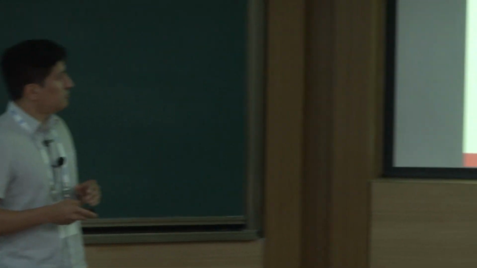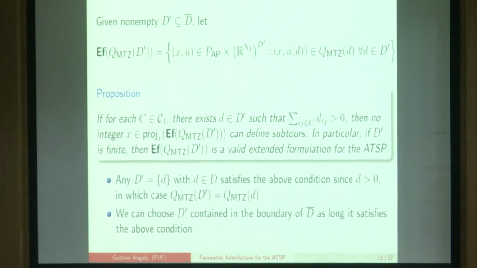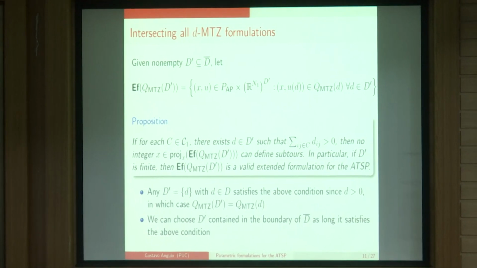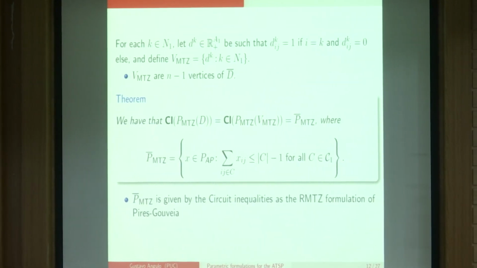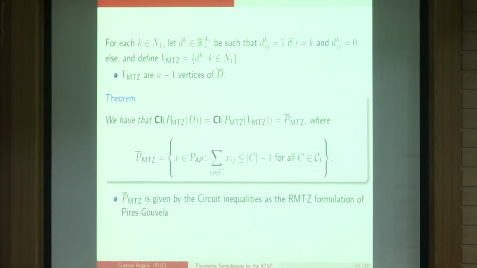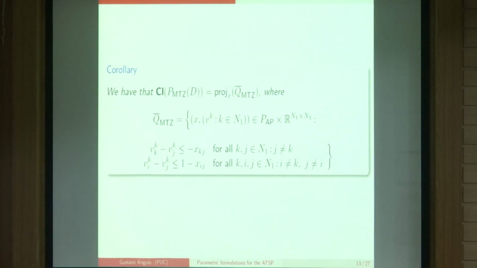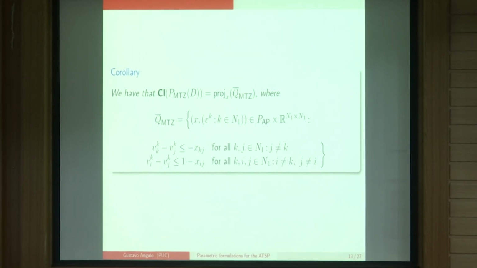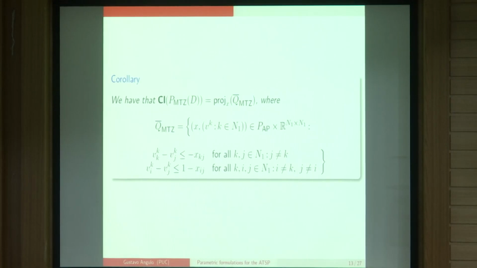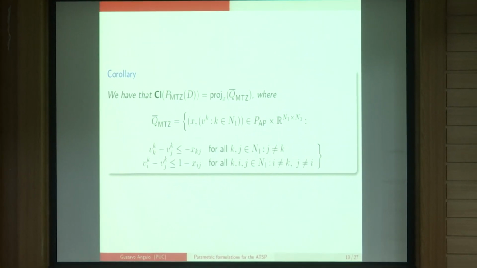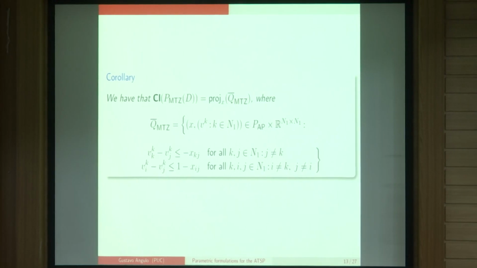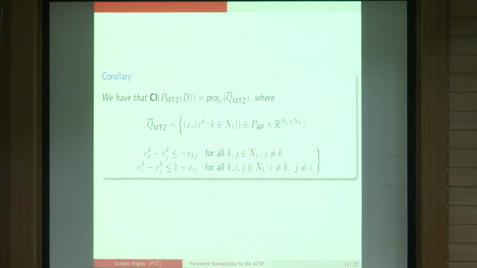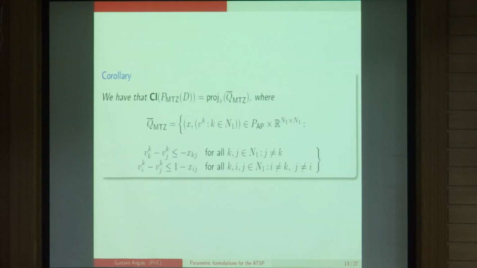And actually, if we apply this result for D prime being exactly this set, we get an extended formulation with these additional variables and constraints, which is exactly the same extended formulation given by Gouveia and Pires. The same, but the way we get these formulations is completely different.